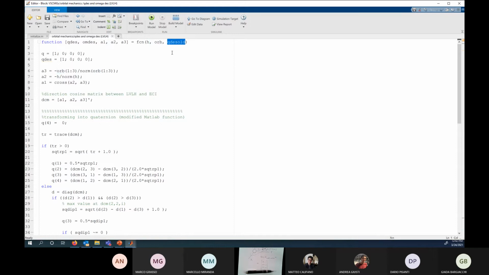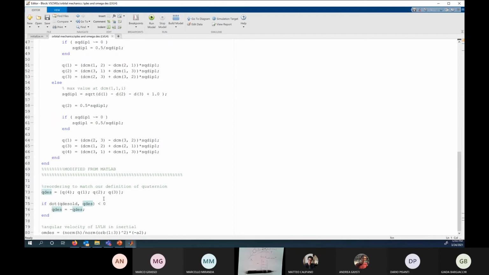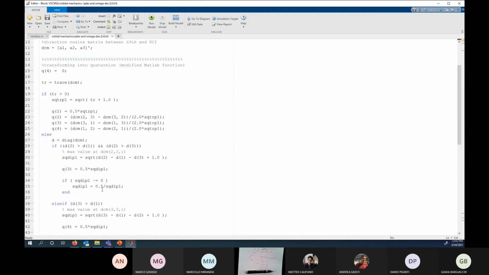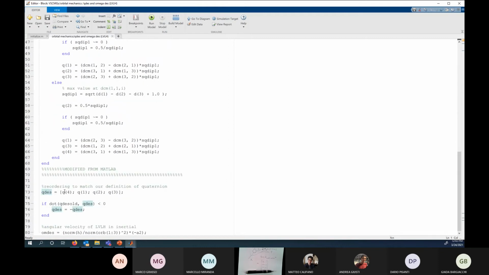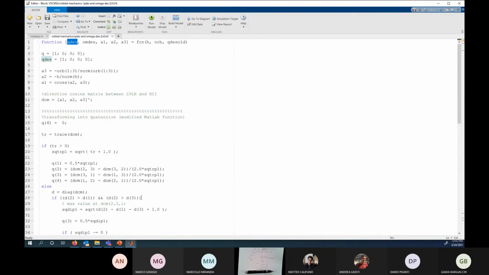It takes the previously computed desired quaternion, and it generates the LVLH directions, A1, 2, and 3, the desired quaternion through this complex function here, shuffling the elements because of the way that this function works, while we are using quaternions where the scalar component is the last one, and then a desired angular velocity.